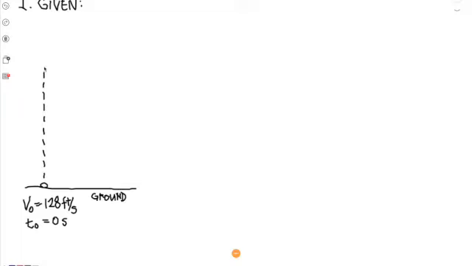So the stone is opposed by the force of gravity, which we write as G. Since we are operating in feet, our G is approximately 32 feet per second squared. G is acceleration, so it has units of feet per second squared, and it's going downward, so we write it as a negative.